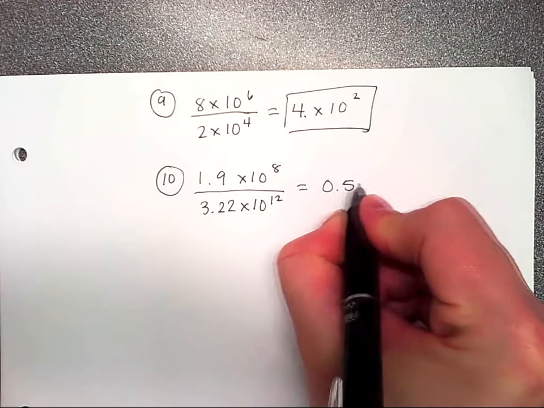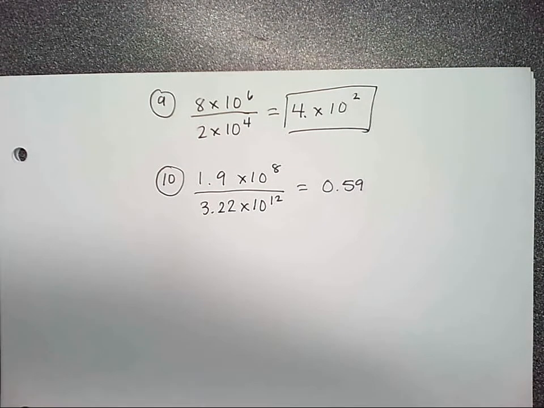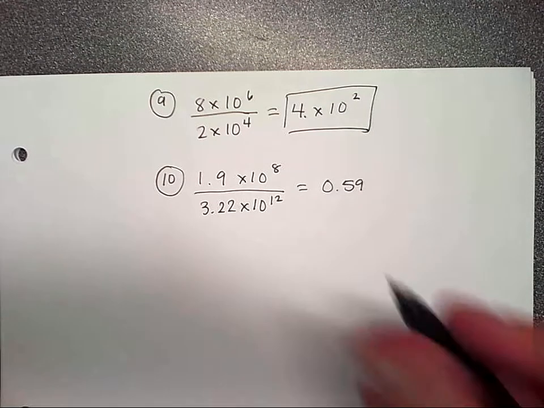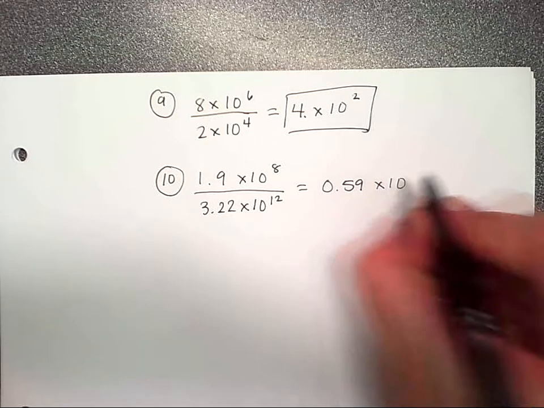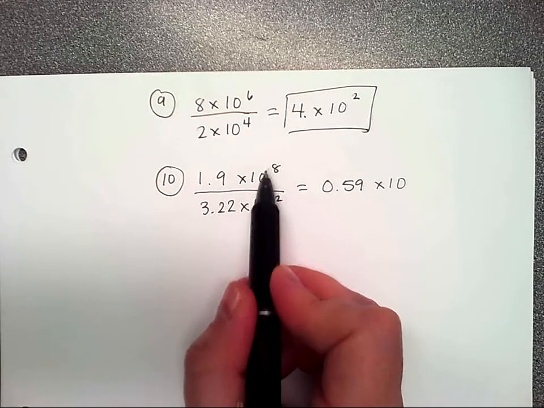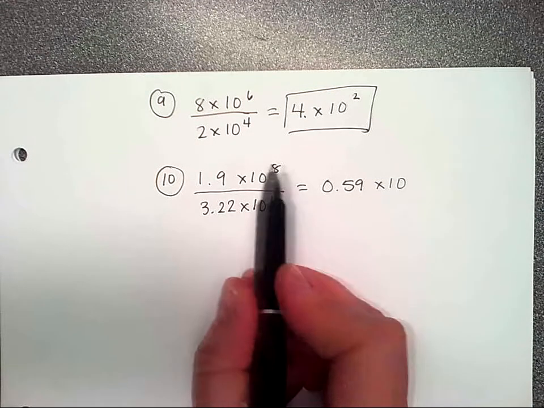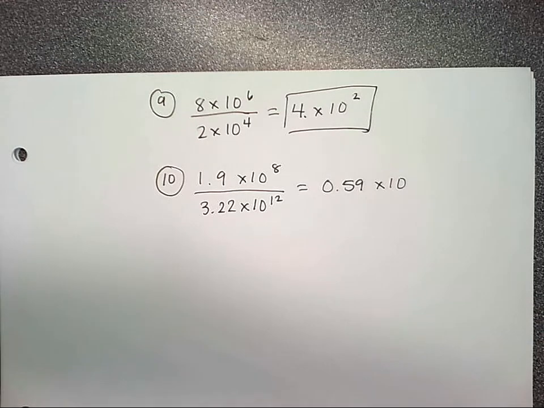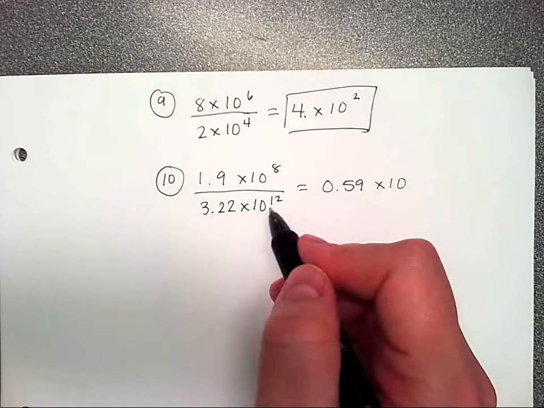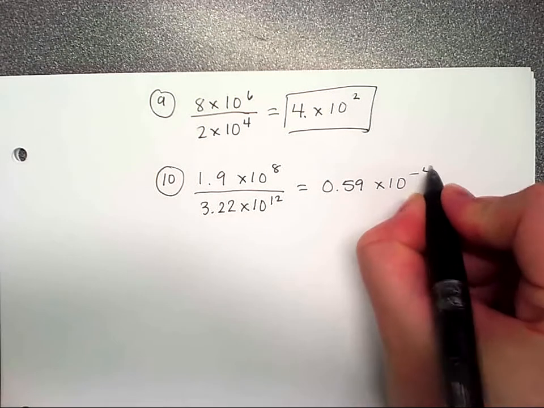I got 0.59. Is that good? Austin? Yeah. Good? Okay. Times 10 to the, I need to use my rules of exponents, right? Negative 4. 8 minus 12 is negative 4.